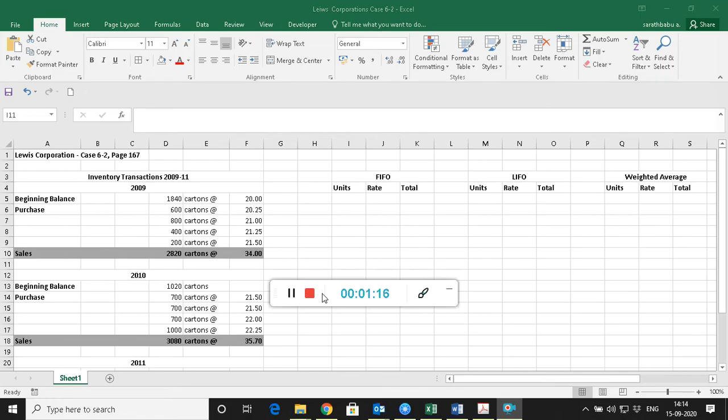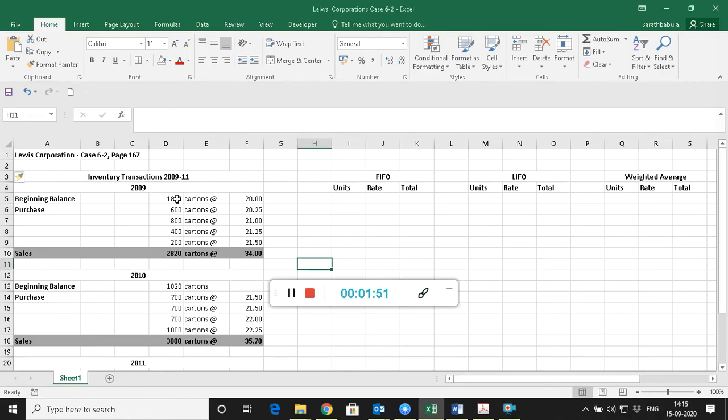So I'm going to solve Levi's Corporation from the textbook, case number 6-2, which is on page 167. I'll be solving the case, and we'll find out the solution, and you will have a discussion of the impact of different methods on the financial statement in the class.